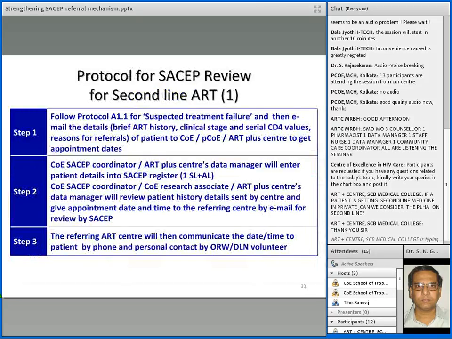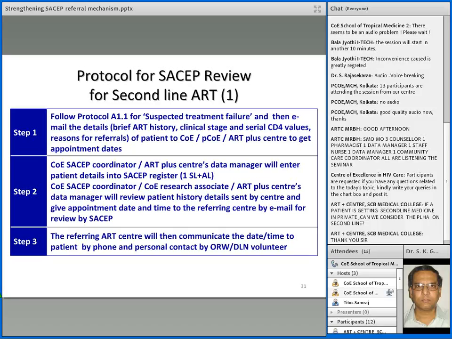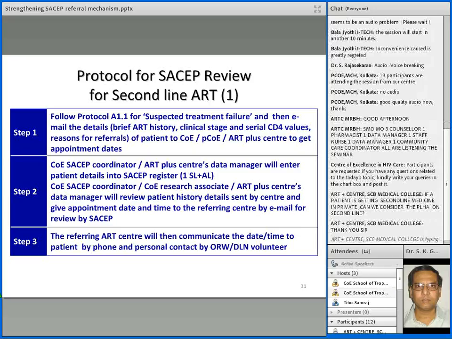Now, what is the protocol for SACEP review? Once again, the following we will try to recollect. Follow the protocol A 1.1 for suspected treatment failure, and then details like ARV history, clinical values, and the reasons for referral of the patient to the COE or the PCOE or the ART Plus Center to get appointments.